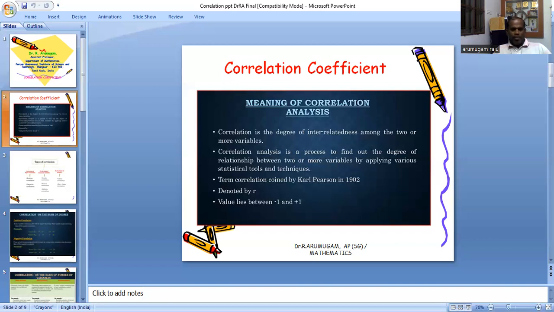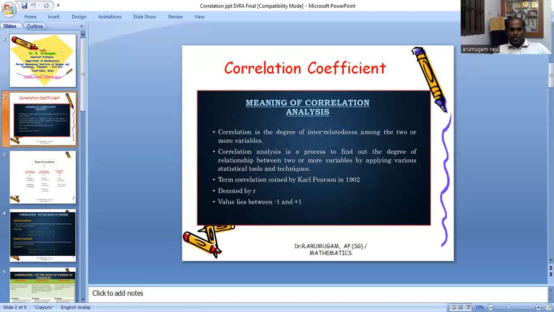Partial means when three or more variables are considered for the analysis, but only two influencing variables are studied and the rest of the influencing variables are kept constant. For example, the correlation analysis is done with demand and supply and income, where income is kept constant.